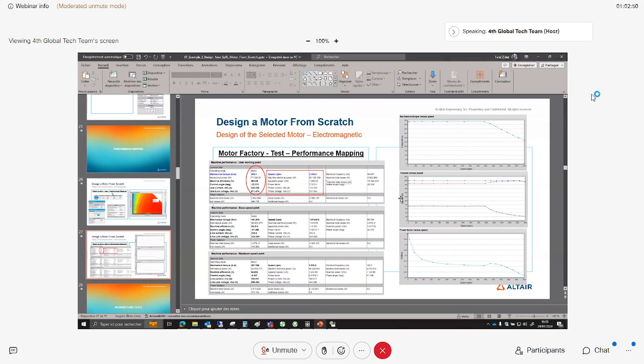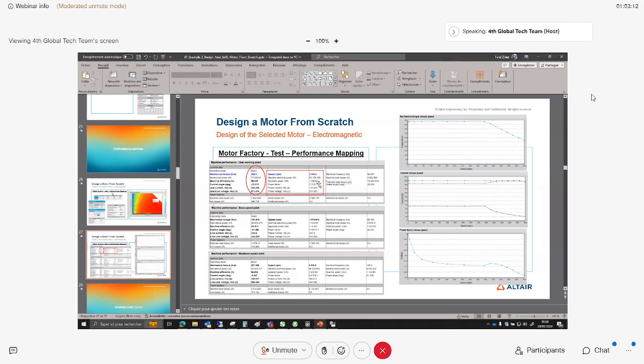So this is what I am looking for. You can see all the curves and the user working point we have tested. You have to look at the current, the efficiency, and the power factor as well.